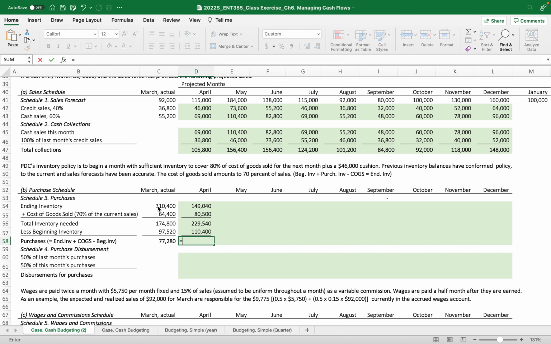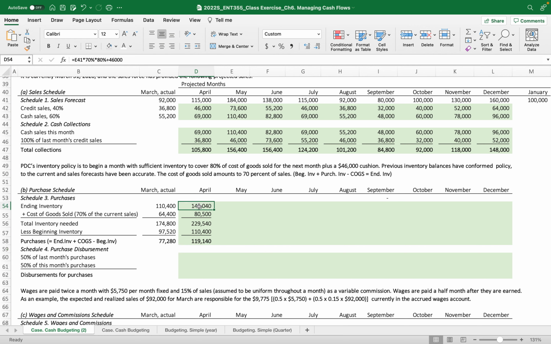How much inventory we have to purchase from this planning, right? Total inventory needed minus beginning inventory, and then we got, oh, sorry, it must be minus, and then we got 119,140.